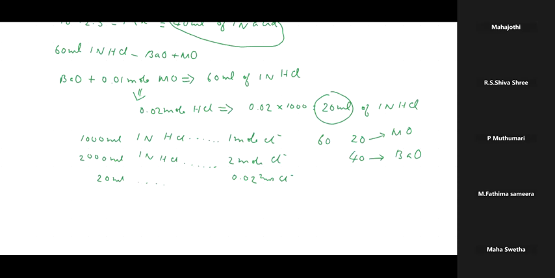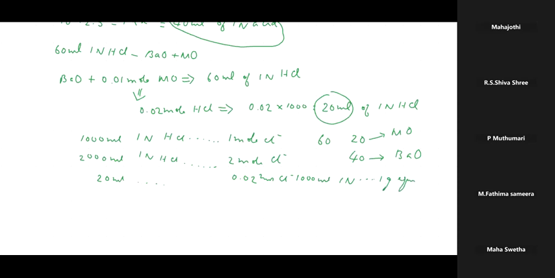So 40 ml of HCl corresponds to what weight of barium oxide? See, if you take 1000 ml of 1 normal, then it is 1 gram equivalent.